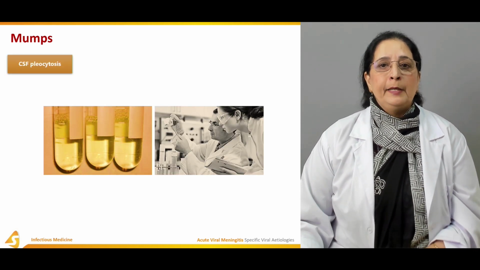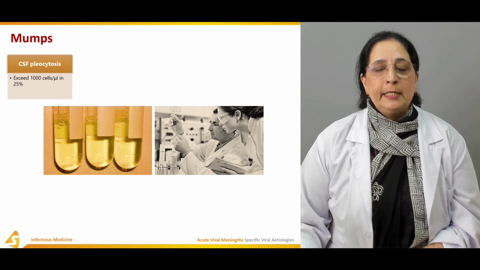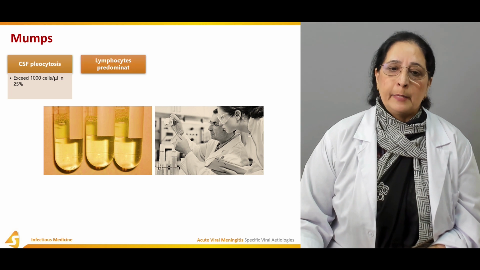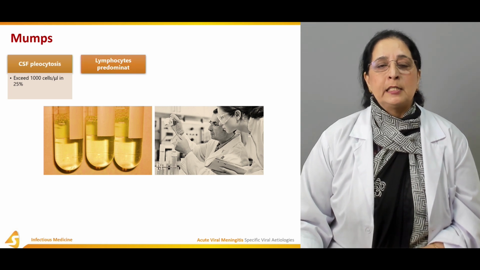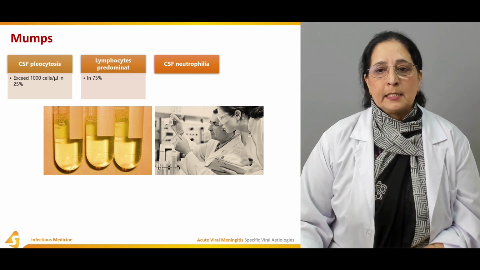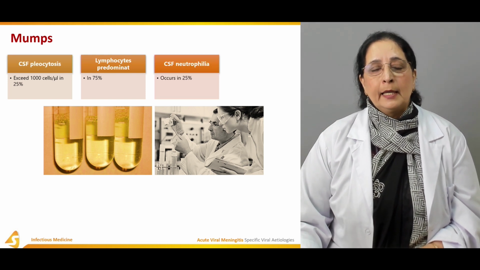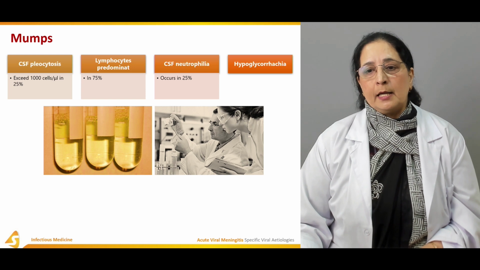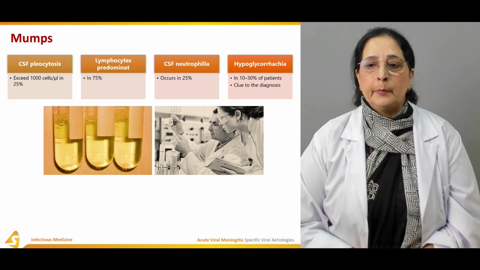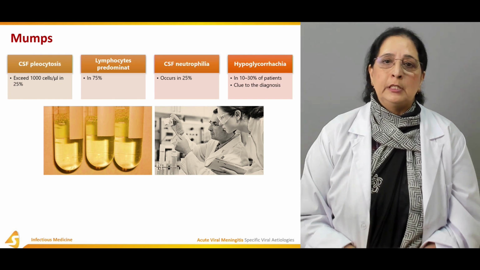In mumps, CSF pleocytosis exceeds 1000 cells per microliter in 25%. Lymphocytes predominate in 75%. CSF neutrophilia in 25% and hypoglycemia in 10 to 30% of patients is a clue to the diagnosis.